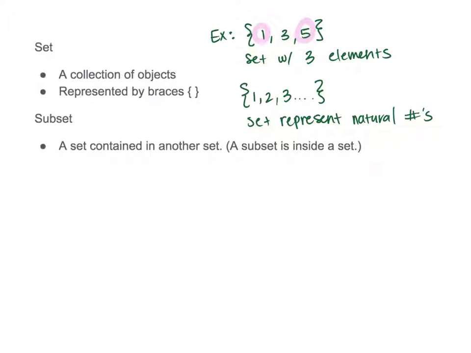I just pulled 1 and 5 from that set. So let's write an example for that. I can say that the set 1 and 5 is a subset of that set that we just had a moment ago.